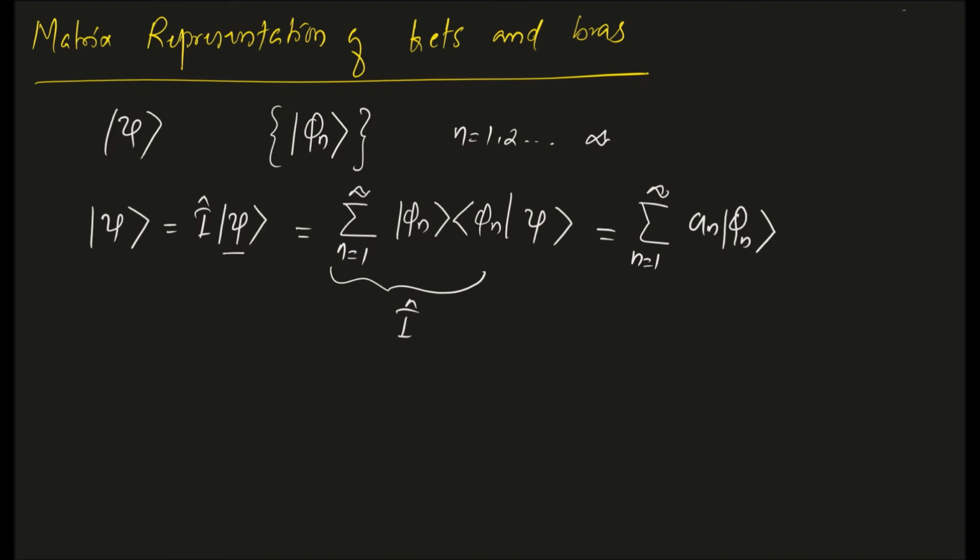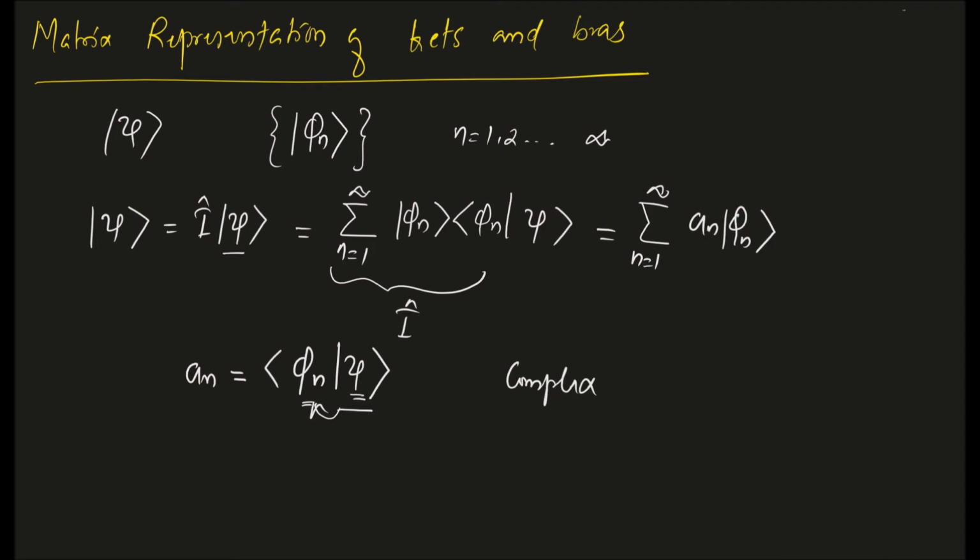Now the coefficient a n, if you compare, is basically the inner product <phi n|psi>. It represents the projection of the psi vector onto phi n. So a n is the component of psi along the phi n direction, and these coefficients are in general complex quantities.